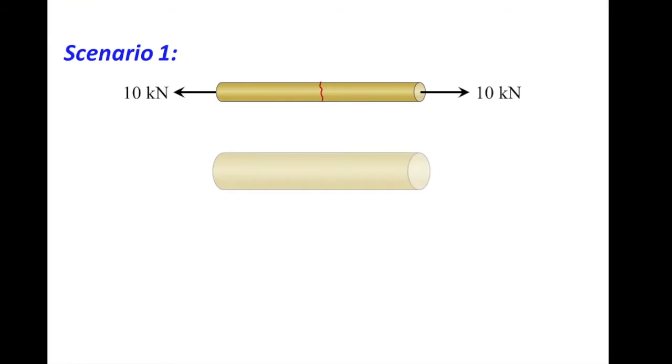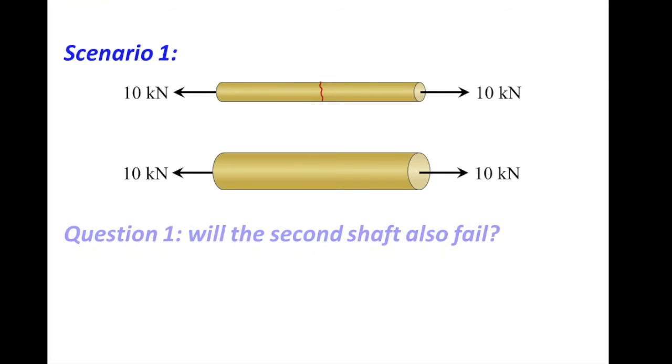Now imagine another shaft made of the same material, same length, same density, but significantly thicker. And the same machine applies the same 10 kN axial loading to this shaft. The question is, as you may have already guessed, will the second shaft also fail under this same critical loading?